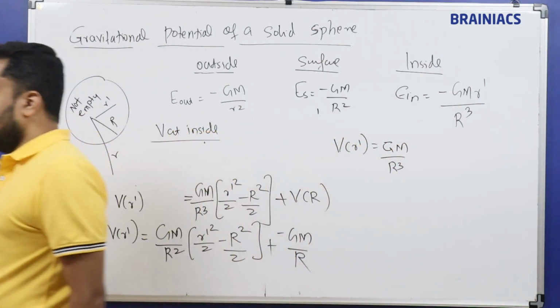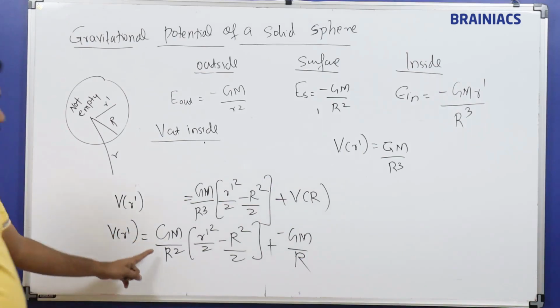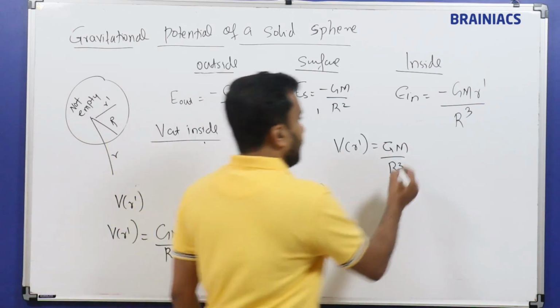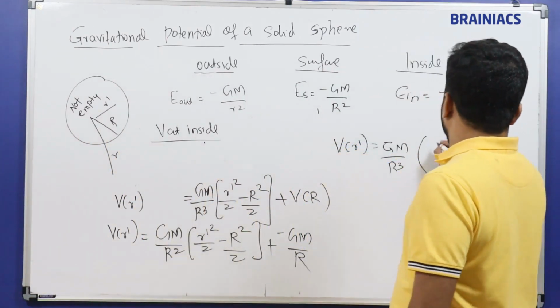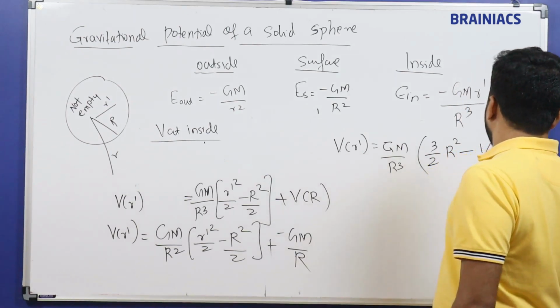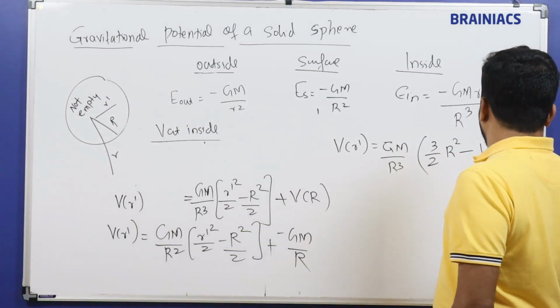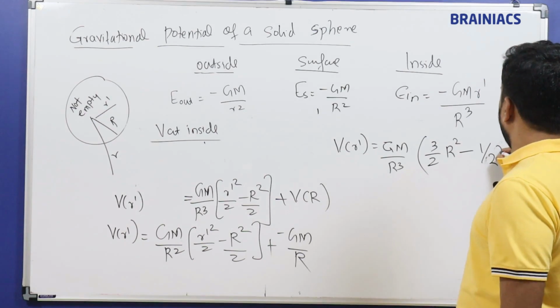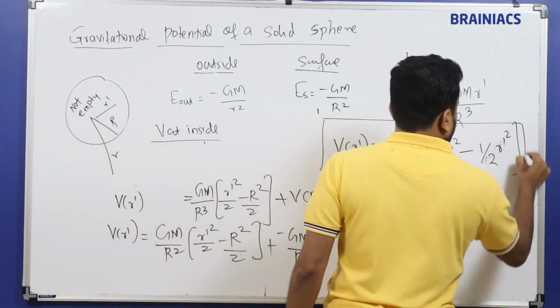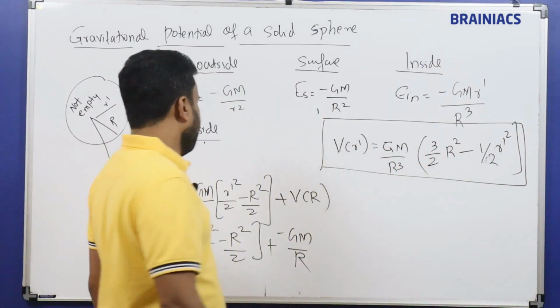If I take GM by R cube outside, what will come? 3 by 2 times of R square minus 1 by 2 times of r dash square. This is the potential inside.